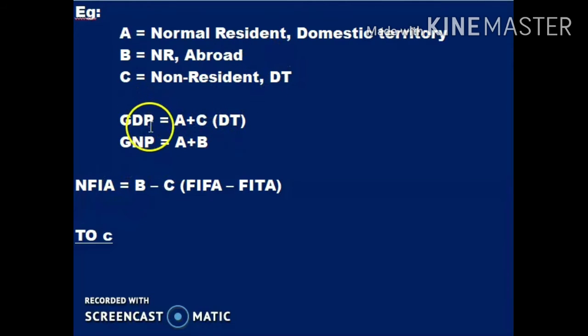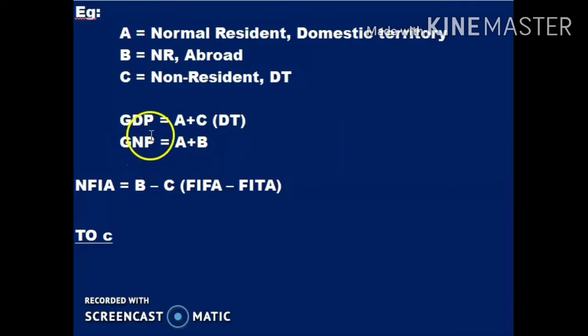Next, how will we calculate GDP? Which terms are taken here? Look at normal residents working in our domestic territory, and we also take the C part, the non-residents who are working in the domestic territory. The term domestic territory is important, which is why we take these two terms for calculating this.